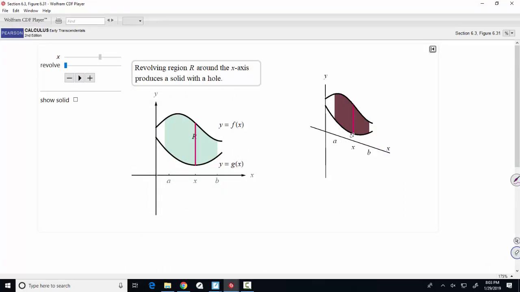Now just notice the difference. It's not sitting against the axis of revolution anymore. That's the only difference here. But it does change the cross sections when we revolve this.